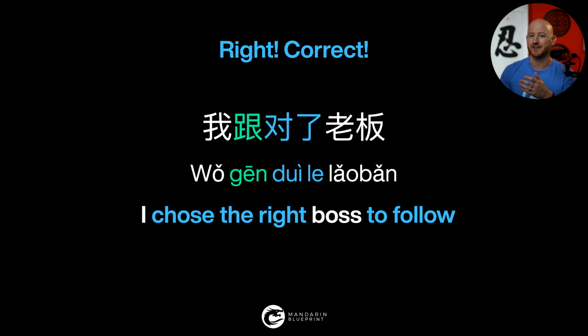And it, interestingly enough, ends up meaning "and," but that makes perfect sense because when you're following on someone's heels, well, that's the action. You're following them, so you're on their heels. So when you say 跟对了, it means that the verb of following resulted in the correct outcome, the just outcome. So 我跟对了老板 is I chose the right boss to follow.